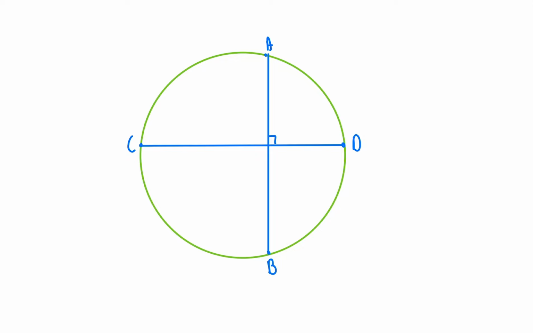So the theorem is these are perpendicular if and only if AB plus CD equals 0. And so in this case, for example, if this is A, this is B, and this is C, and we're trying to find the coordinates of D, then it would be negative AB over C.